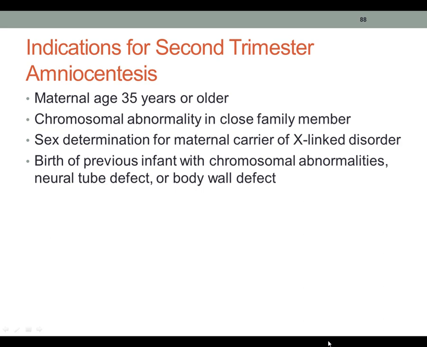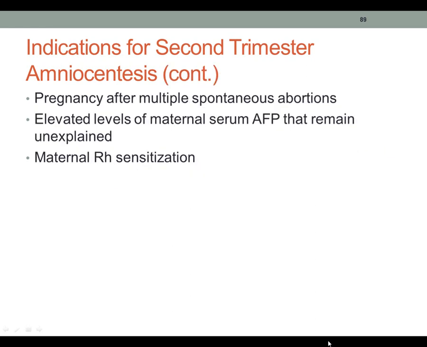It's also done to determine the sex, to see if the mom is a maternal carrier of an X-linked disorder, or if you had a previous baby who had some type of abnormality, neural tube defect, or a body wall defect. We also do an amniocentesis if mom has had a lot of spontaneous abortions, if mom has an elevated AFP that they can't figure out, or if mom is RH sensitized.